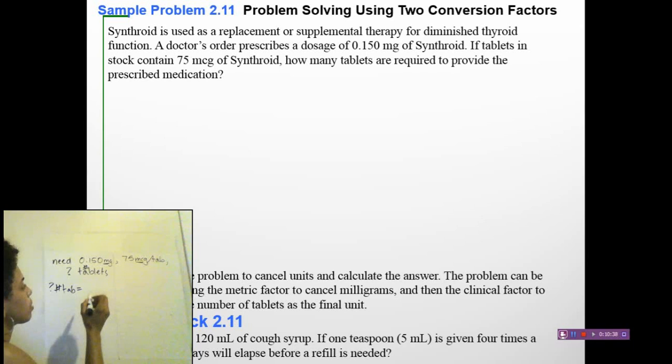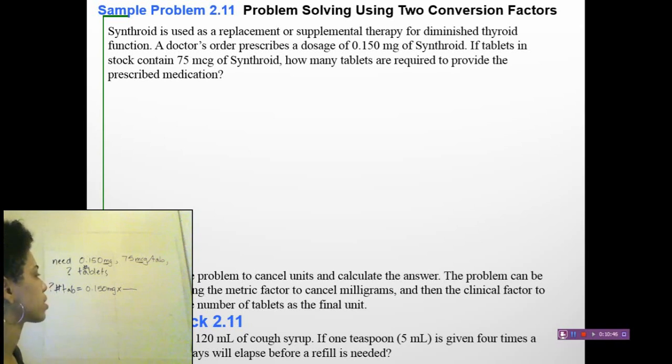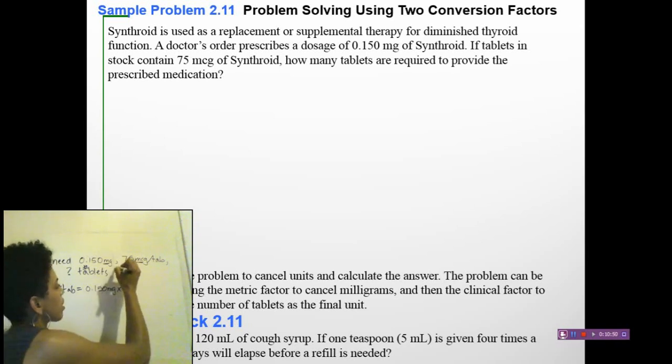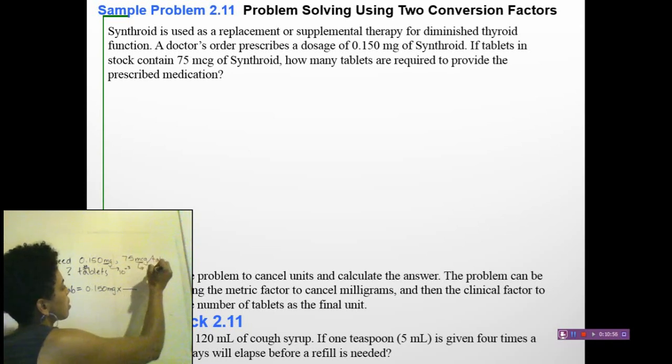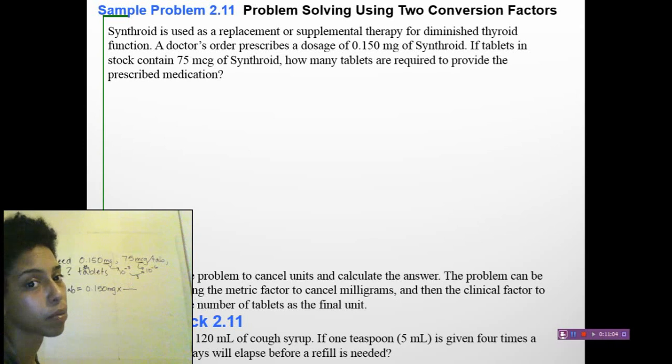So let's get started. I want to know the number of tablets. It's going to be equal to what I start with, 0.15 milligrams, times, I need to go from milligrams to micrograms. So if milligrams is 10 to the minus 3, and this is 10 to the minus 6, between 10 to the minus 3 and 10 to the minus 6, there are 3 decimal places.